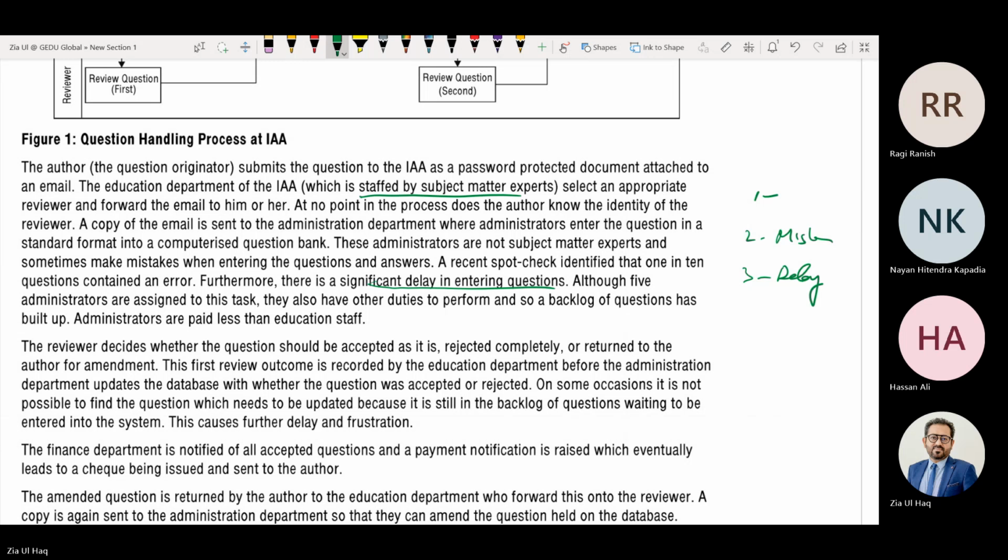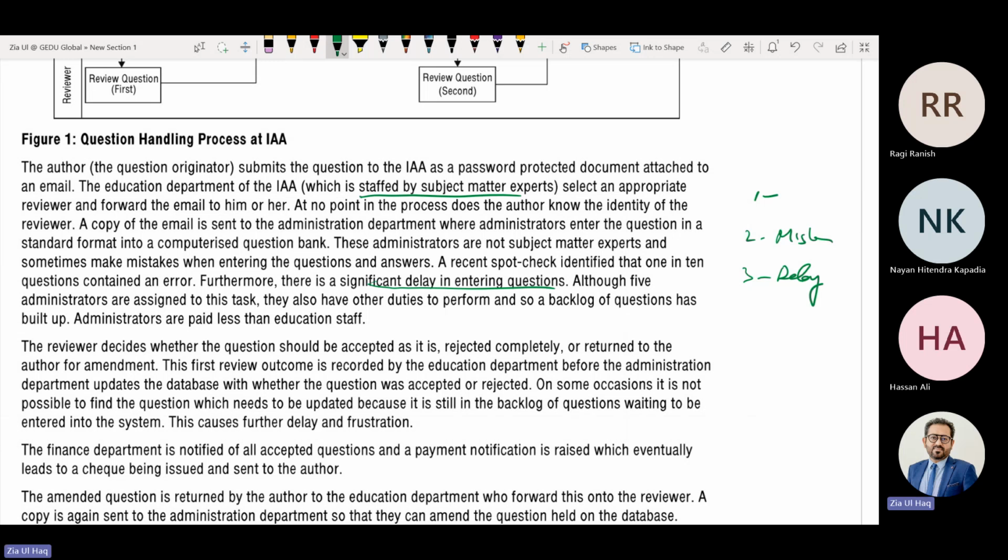So what should be done? These delays should be identified. What's the reason? Whether there is a shortage of staff, provide them more staff. If the staff is enough but there are still delays, you need to identify the issues and resolve them.